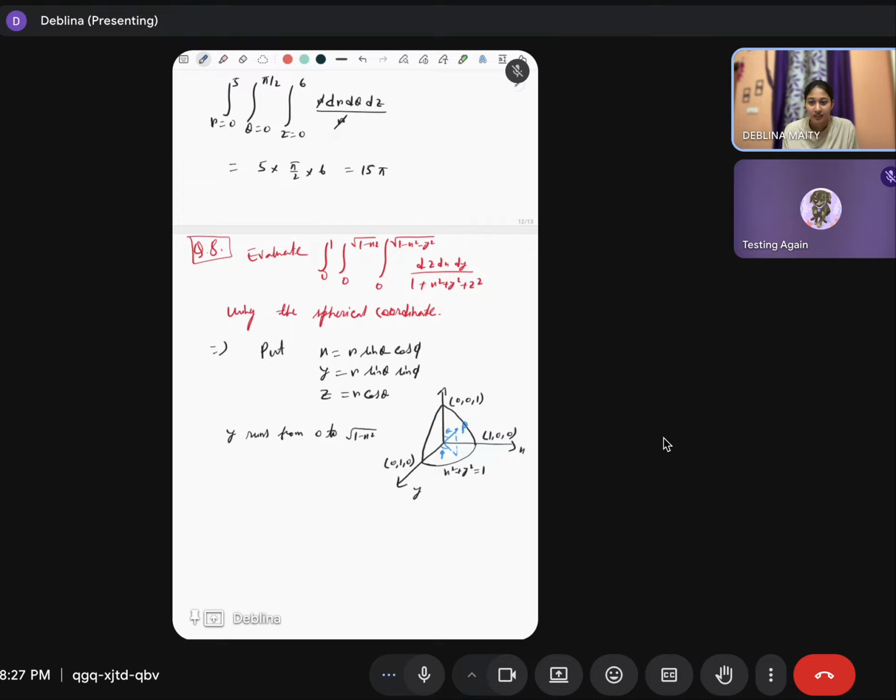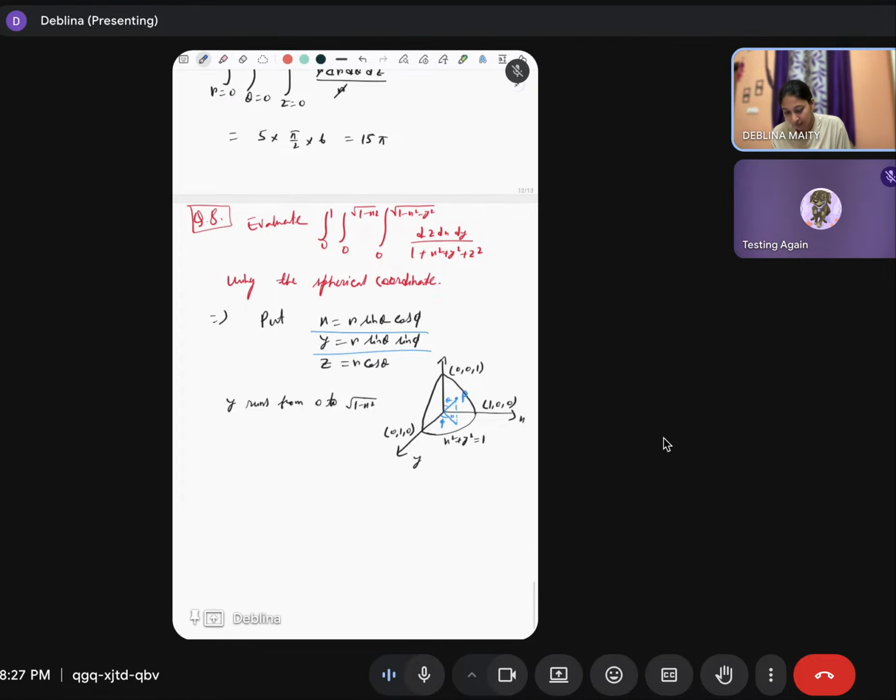Okay, this is r, and r is this portion. So this is the coordinate r, so in xyz, and we are going to the r theta phi plane, right? So we have to find out the limits of r, theta and phi.